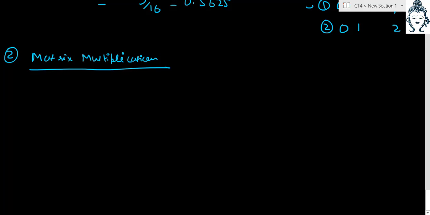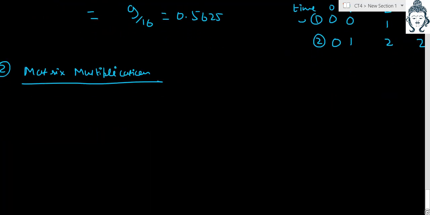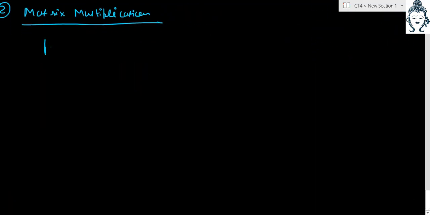So let's see how I do that. If I want to get from 0 to 2 from time 0 to 3, this is a 3-step transition probability. For that I'll have to take the cube of the matrix P.